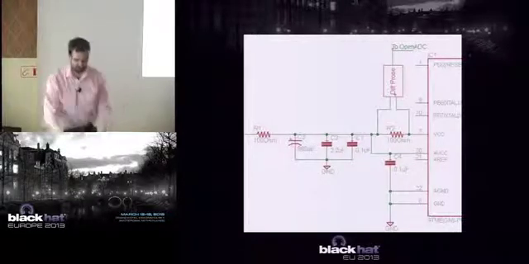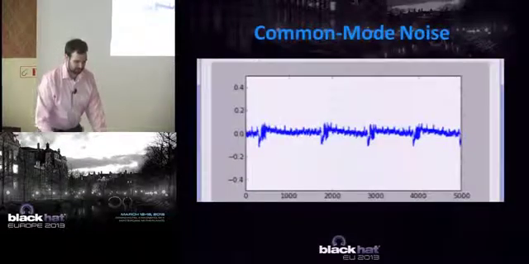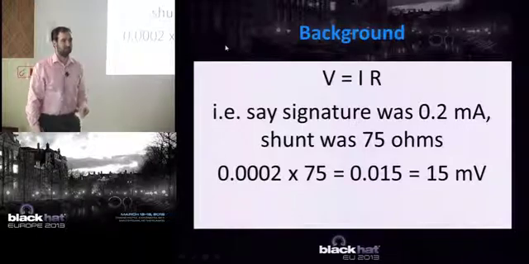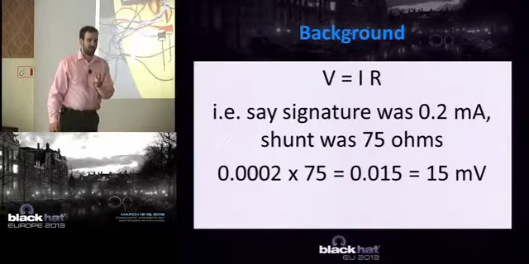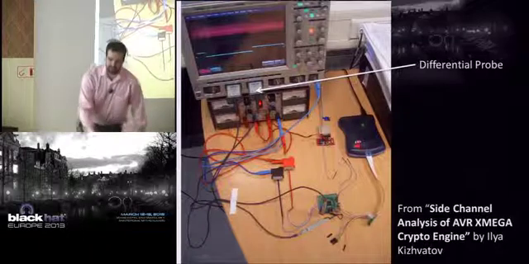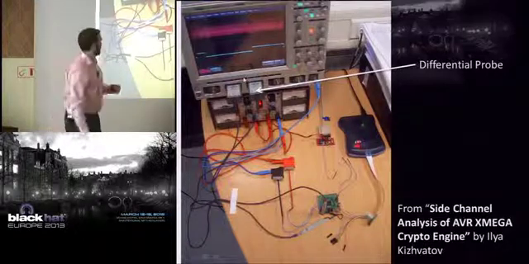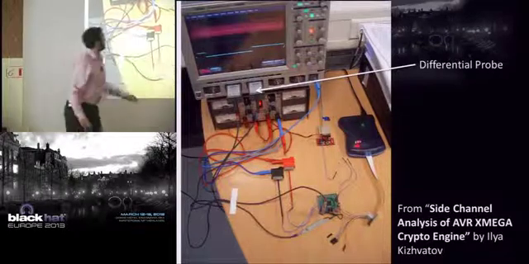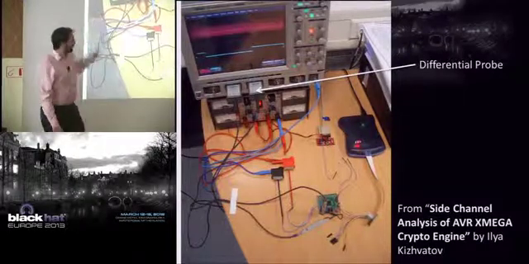But this type of differential probe still gives you a much, much better signal than just a straight connection alone. Although all the demos I have here are just straight connections. So looking at this paper, side channel analysis of AVR XMega, you might notice this guy's using a differential probe on this system.